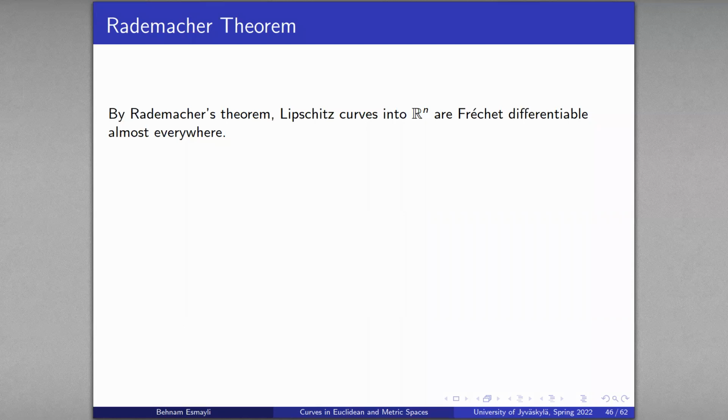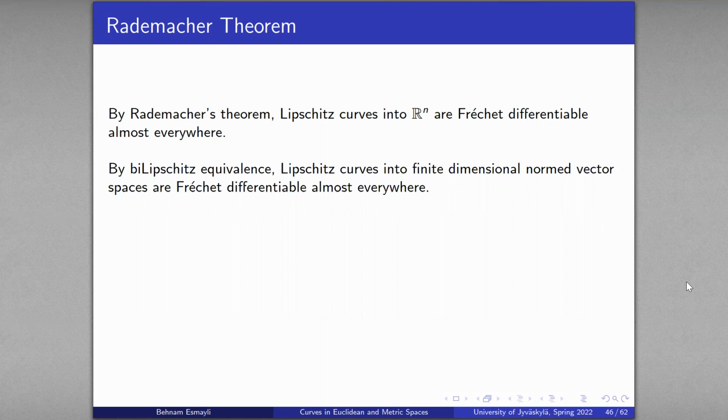In particular, if you have a Lipschitz curve that goes into a Euclidean space, we know that gamma prime exists. That means the curve is Fréchet differentiable almost everywhere, and therefore it is also metrically differentiable with the metric derivative being the speed of the vector. And we had seen this before, in fact.